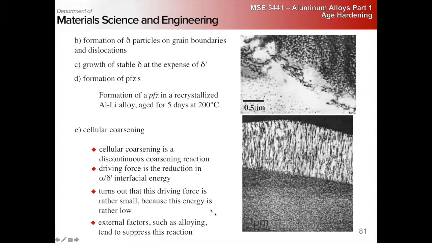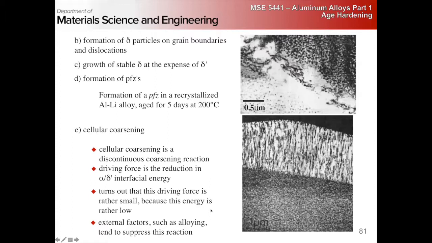And then there's a neat little thing in here called cellular coarsening, where you go to a discontinuous coarsening reaction rather than continuous like Ostwald ripening. The mechanisms behind this are not important for anything that we're really going to talk about. But what you can see is changes in the morphology of the precipitates, right?